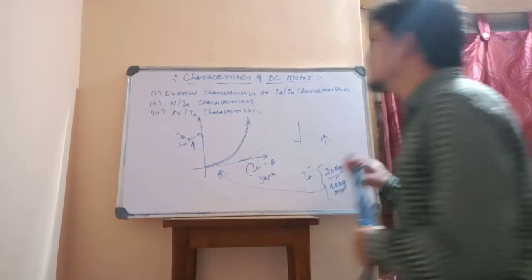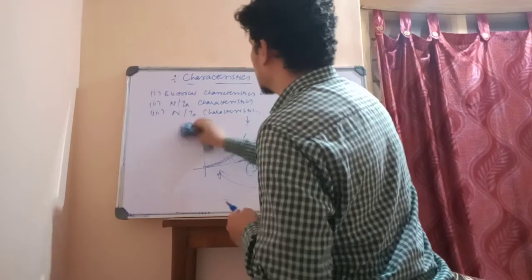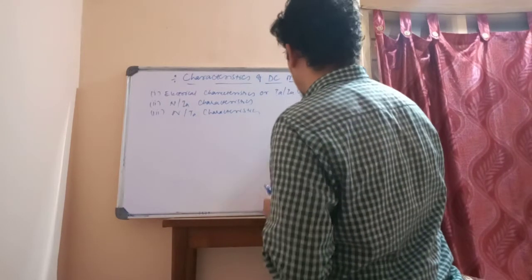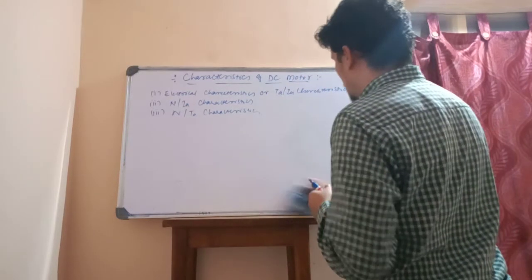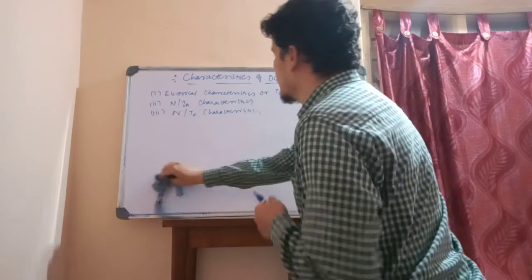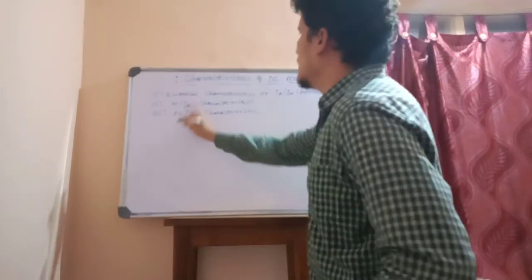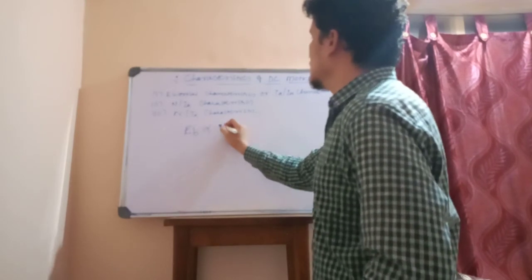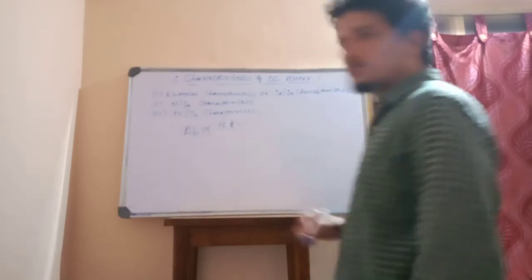So now we shall go to the speed versus armature current characteristic. What is the speed versus armature current characteristic? We have already learnt EB is directly proportional to N into phi.